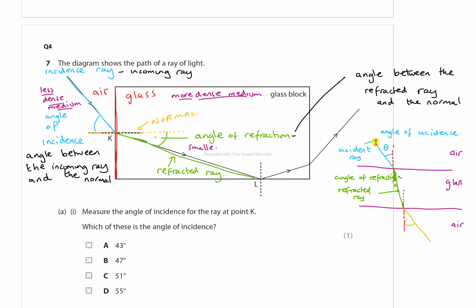And hopefully that ray and that ray should be parallel. I think that's more than enough for you to know.